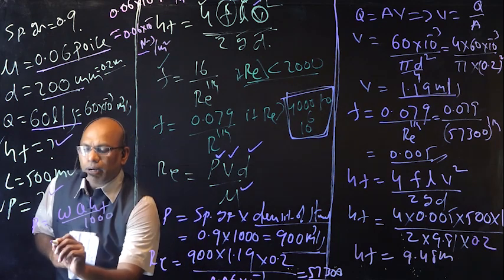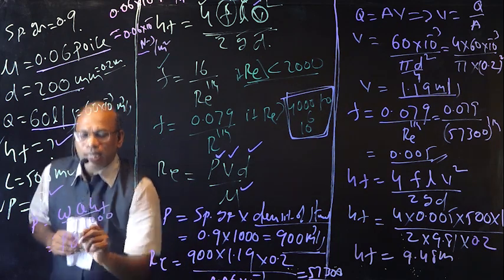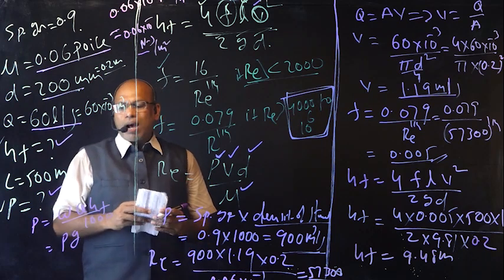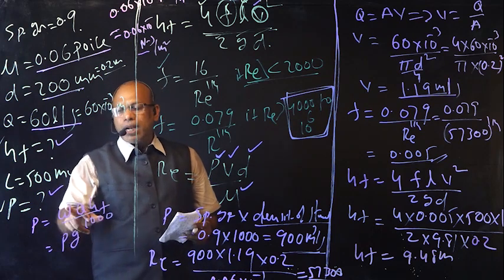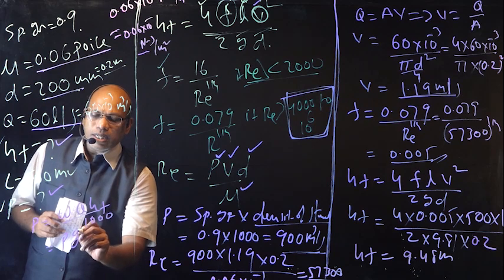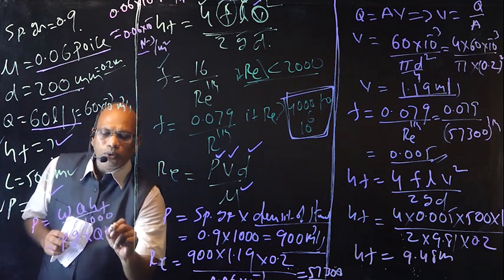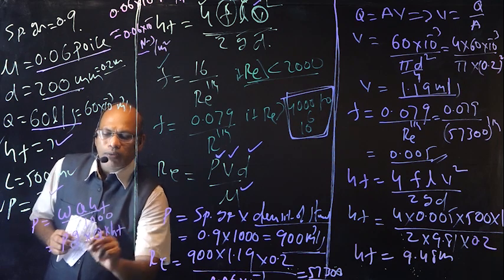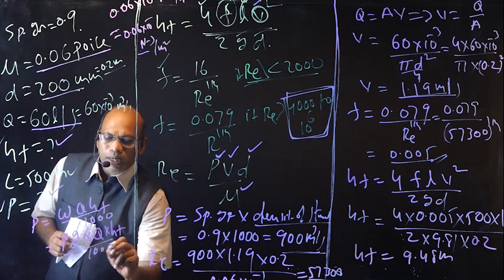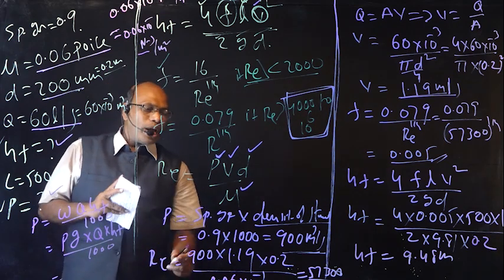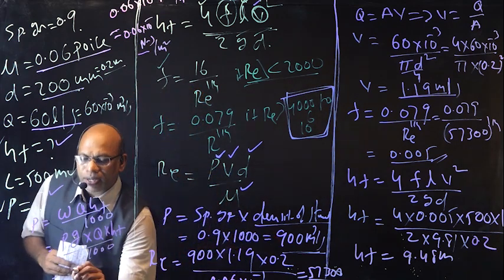Now W is nothing but what? Rho g, the unit weight, which is equal to mass density into acceleration due to gravity. So it is rho g into Q into hf divided by 1000. Now, what is the rho value we have determined? That is 900.